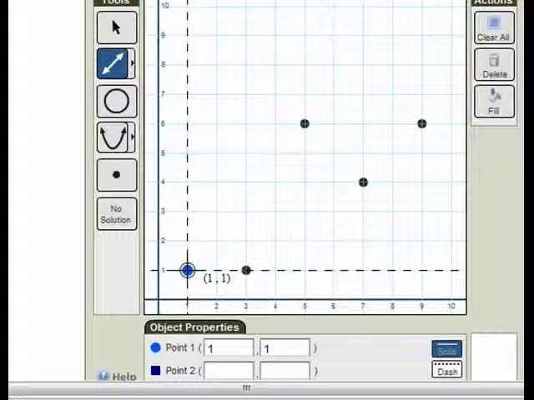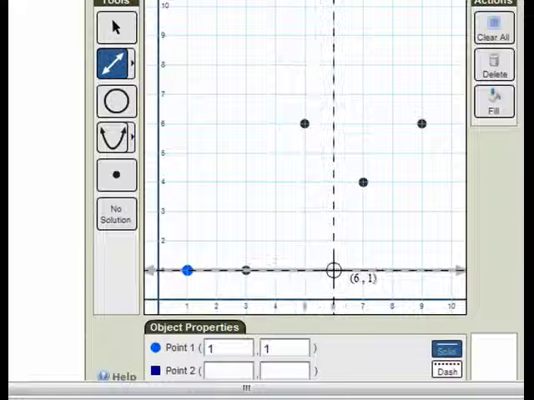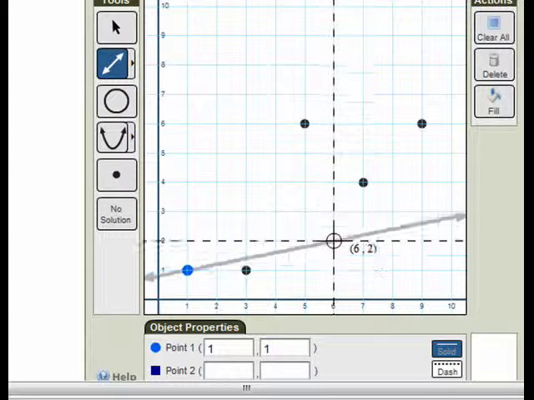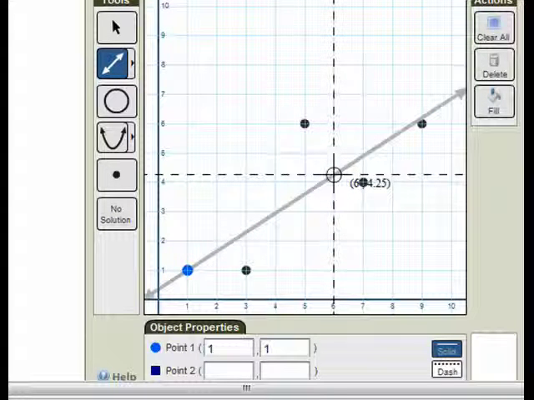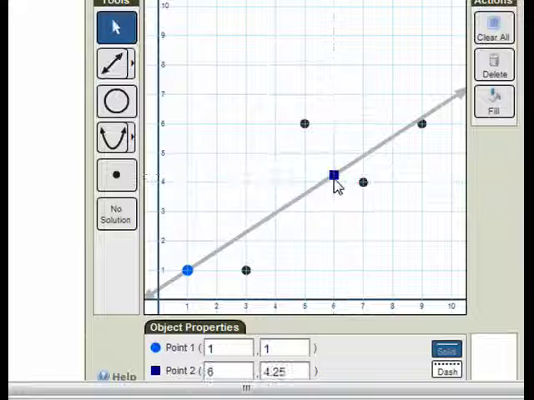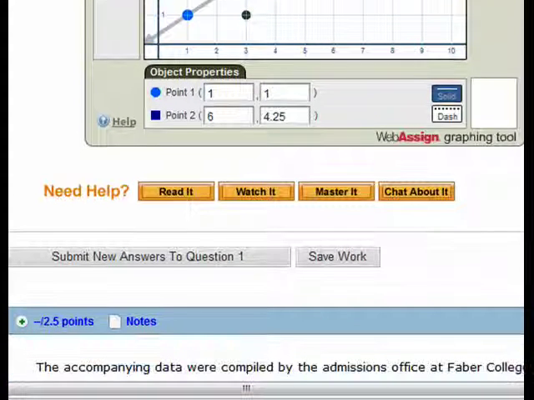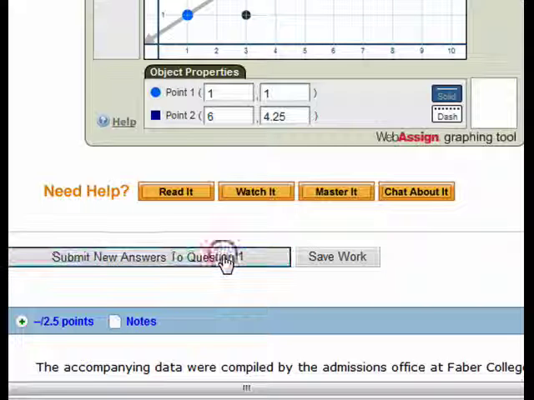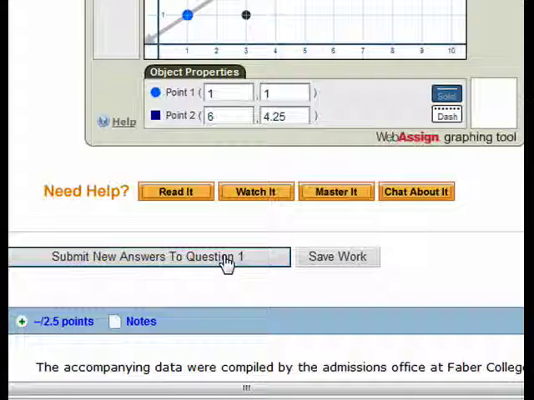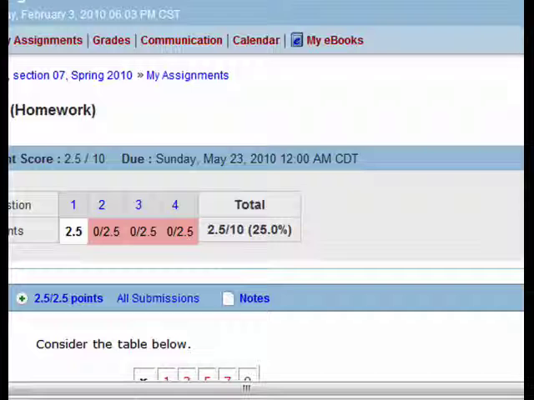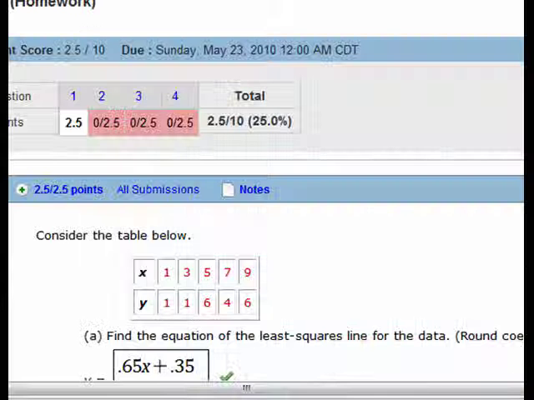So I'm going to use that as my other point. So the x is 6 and the y is 4.25. And then I hit enter. And then I'm going to submit new answers. And notice that then it marked that problem as correct. Okay.